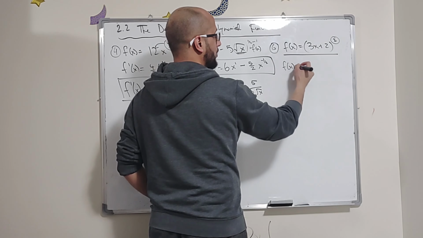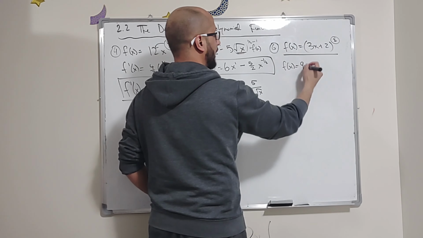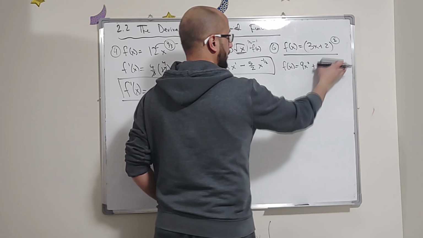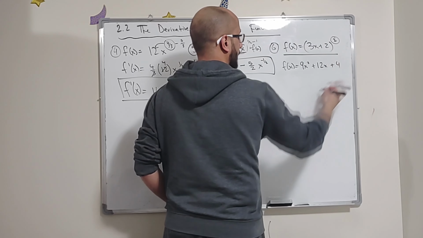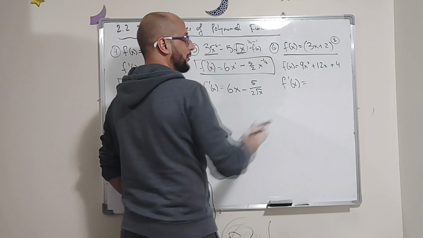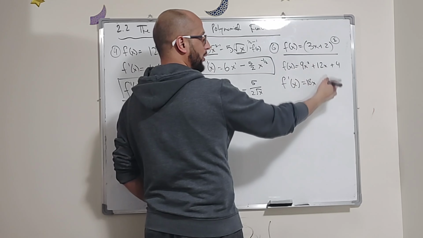So f(x), we expand this using the distributive property, and we get 9x squared plus 12x plus 4. Then we can find the derivative, which would be 9 times 2 is 18, x to the power of 2 minus 1.